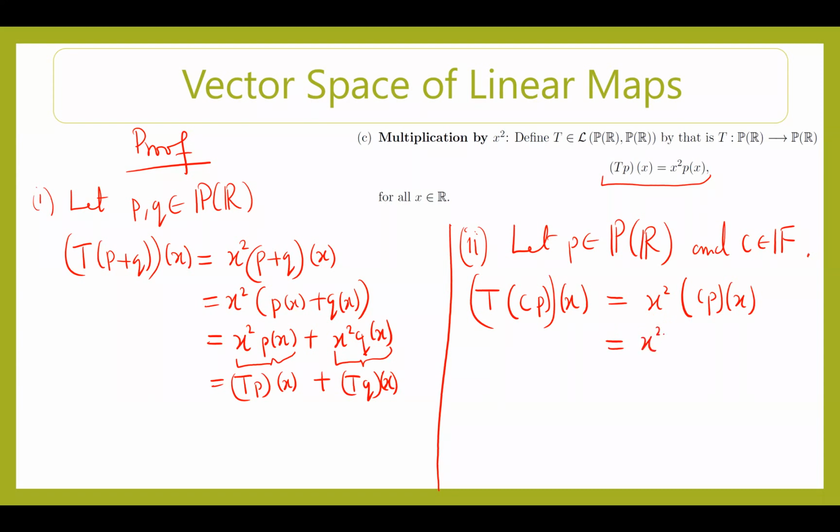So we have X squared C P of X, and of course C also can come out, so I have C times X squared P of X. Now, very clearly, we know who this guy is. By the definition of this function, it is T of P applied to X. So we have C times T of P applied to X, which is what we want.